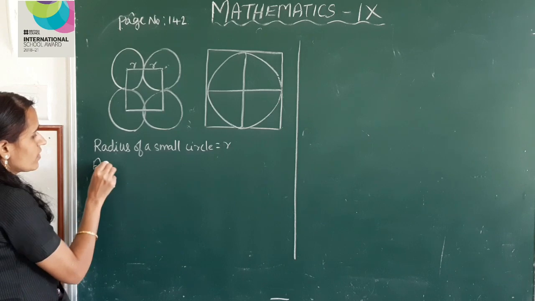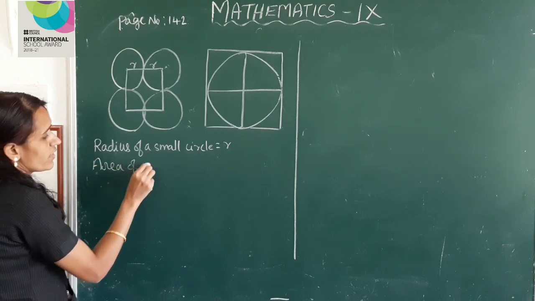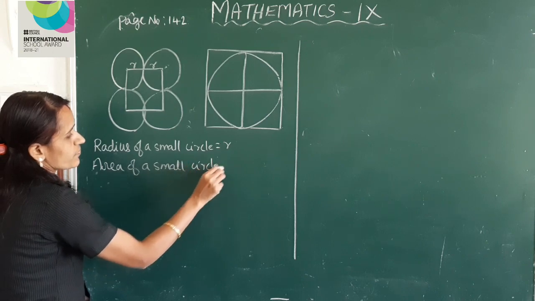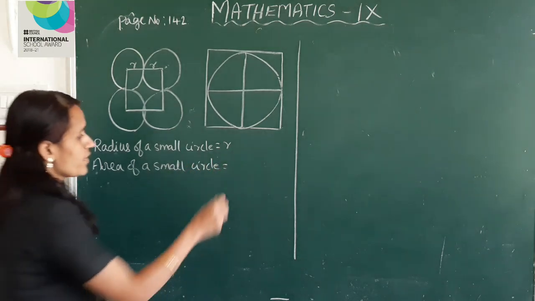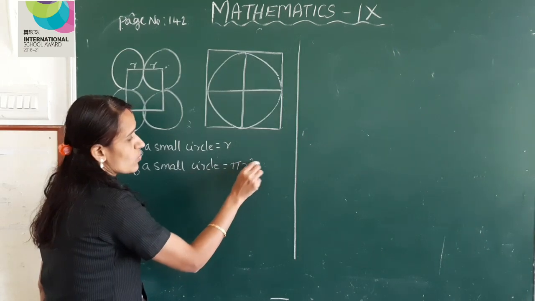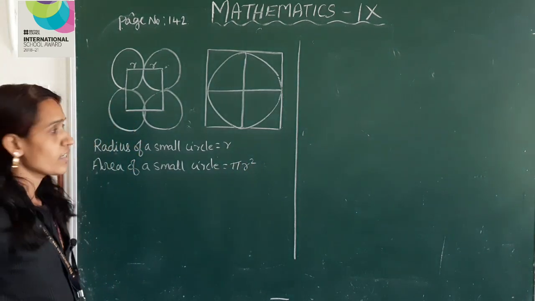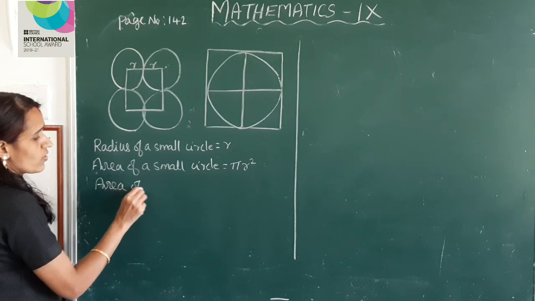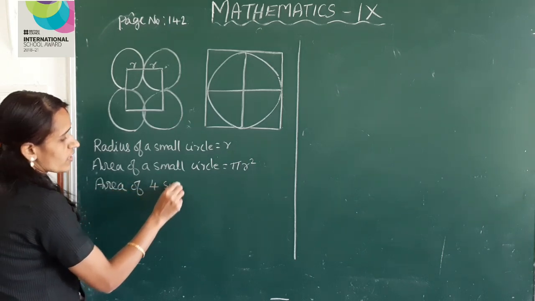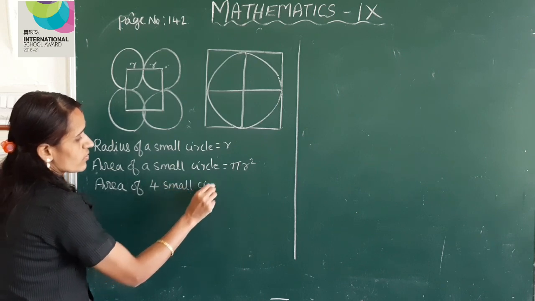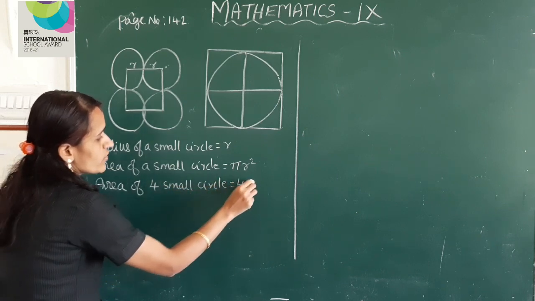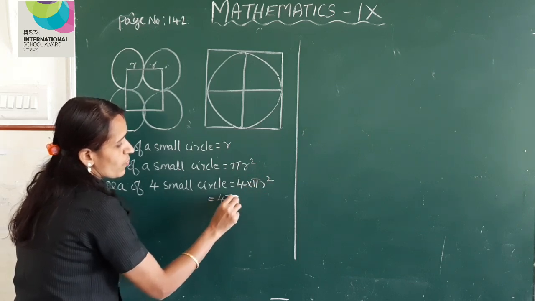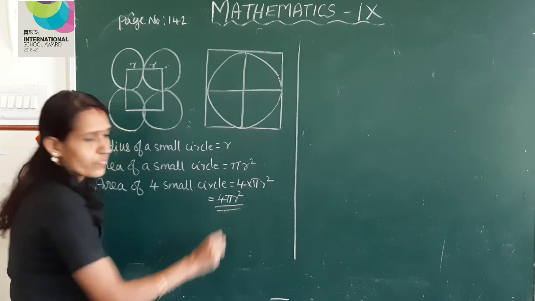So area of a small circle is equal to pi r square. Okay, next area of 4 small circles is equal to 4 into pi r square. This is equal to 4 pi r square.